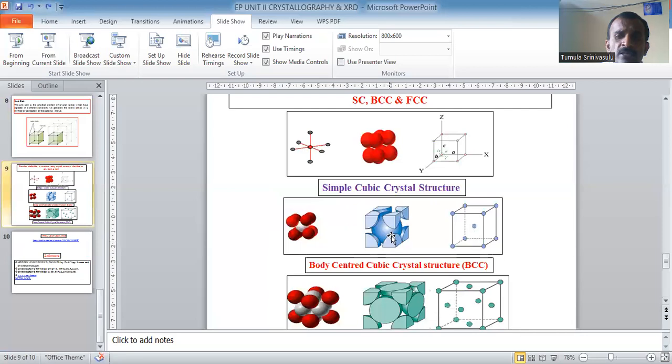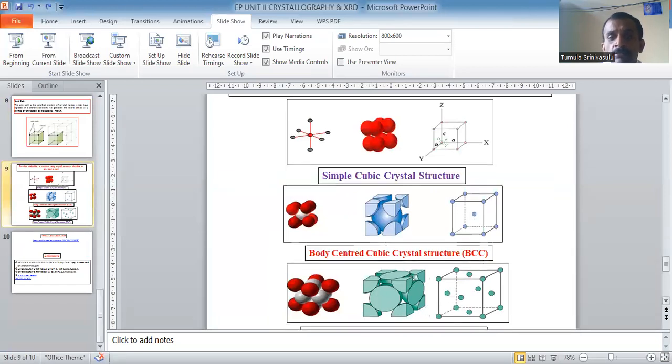Suppose any unit cell has one extra atom at the center of the body along with the corner atoms, then that is called a body-centered cubic crystal. So this is the body-centered cubic crystal diagram. Face-centered means if any unit cell has atoms at the centers of all its faces along with the atoms at the corners of the unit cell, then that structure is known as face-centered cubic crystal structure.